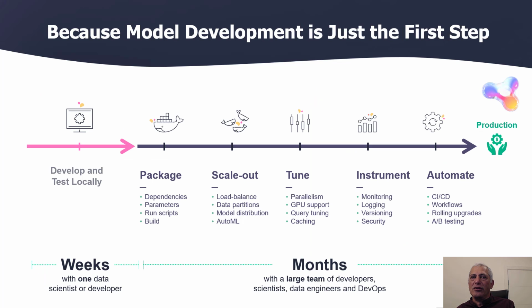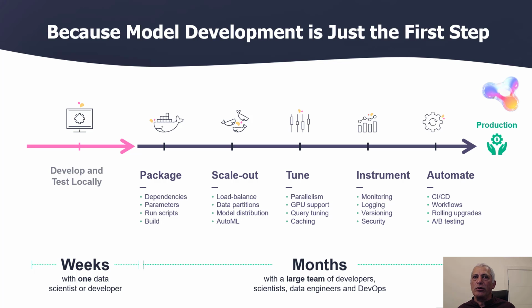And why is that? It's because there are so many things, as you can see here in the diagram. So we built something. We have some code running as a prototype on our notebook, but then look at how many steps we need to go through in order to turn it into production. We need to take that code. We need to package it in containers with all sorts of dependencies. Then, usually in production, we may need to address different levels of scale.